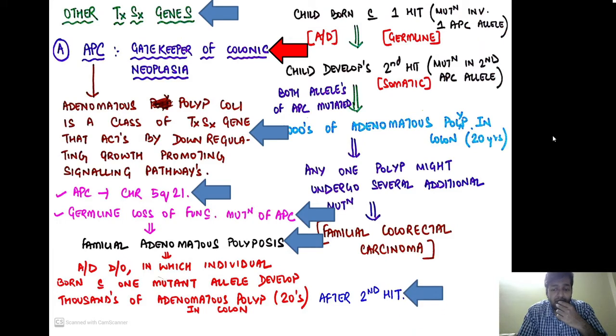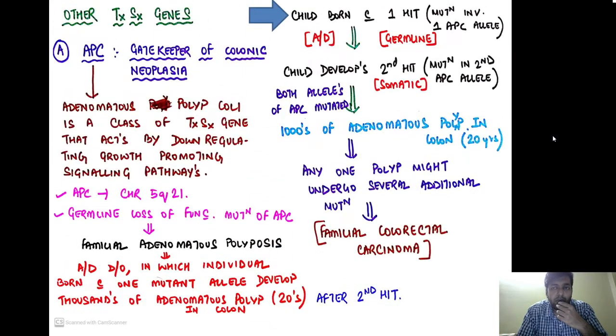It is an autosomal dominant disorder in which an individual born with one mutant allele will develop thousands of adenomatous polyps at a very young age, in their 20s or teenage years, after they develop the second hit. The child is born with one hit, a mutation in one APC allele.